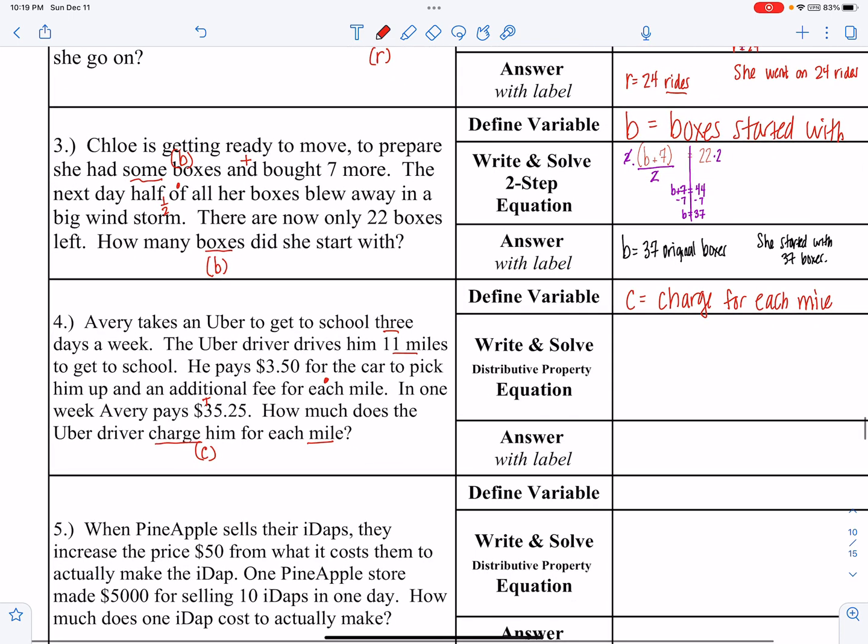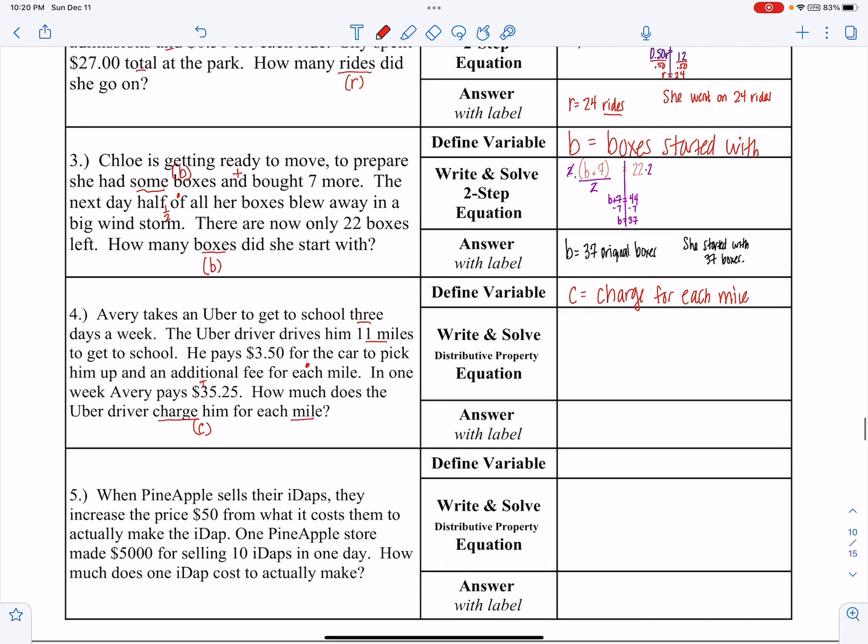So let's start to identify, since we do have repetition of the 3 days a week, this reminds me of our distributive type of word problems that we've dealt with before. So let's identify the thing that happens on one day. So the Uber drives 11 miles to get to school, and he pays $3.50 for the car to pick him up.